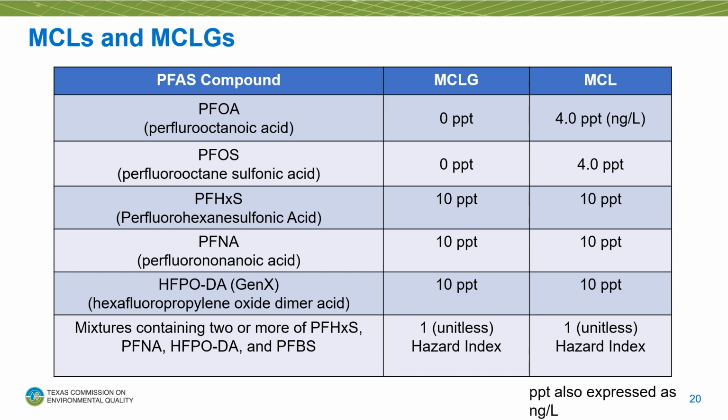For PFHxS, PFNA, and the GenX chemicals, the goal is 10 parts per trillion, and then the enforceable MCL is 10 parts per trillion as well. And then lastly, for that hazard index mixture of PFHxS, PFNA, GenX, and PFBS, the MCLG is 1, and then the MCL is 1.